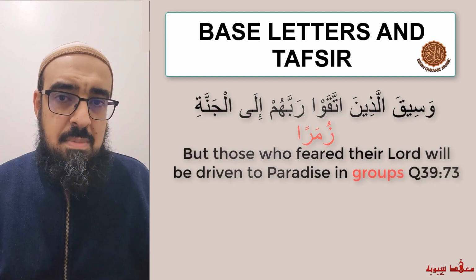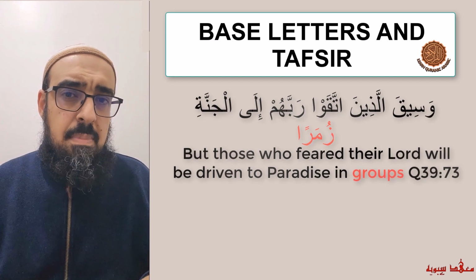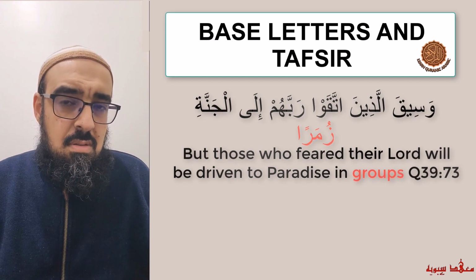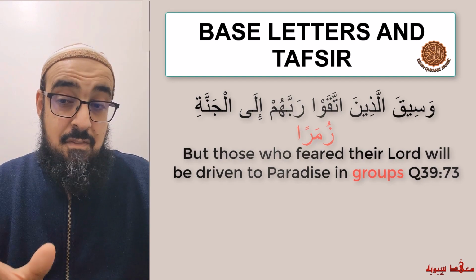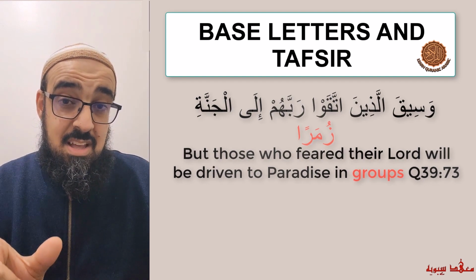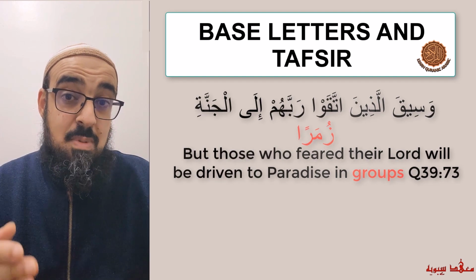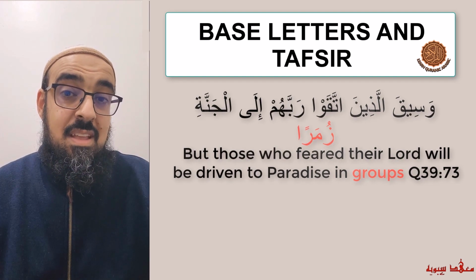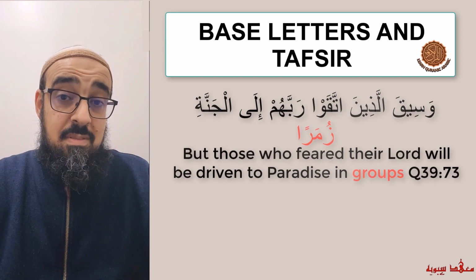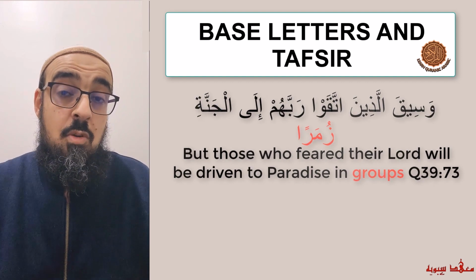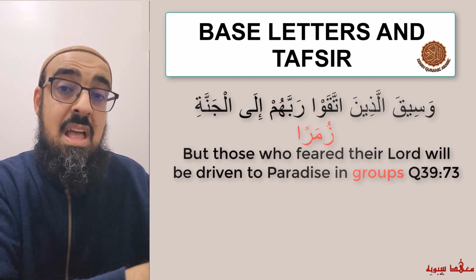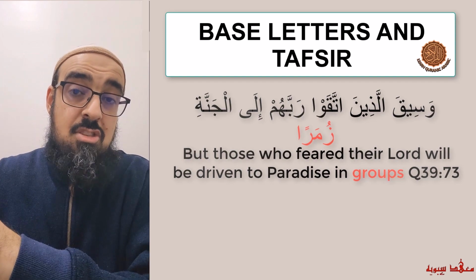It's a jama', it's a plural, but there are other words used in the Quran for groups. Every word has a specific nuance, and it's very important to understand to be able to understand the Quran properly.